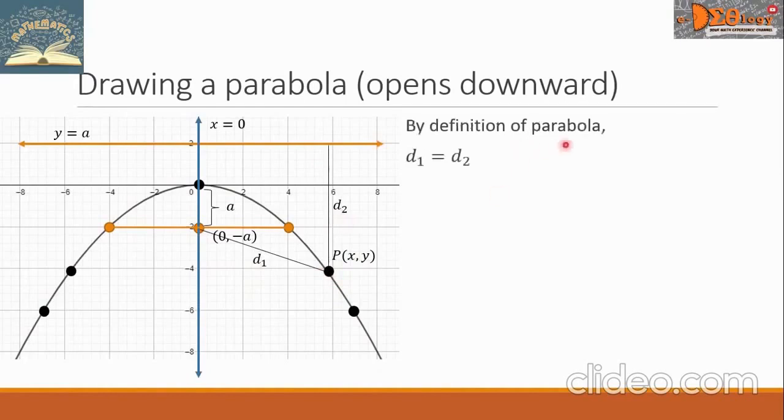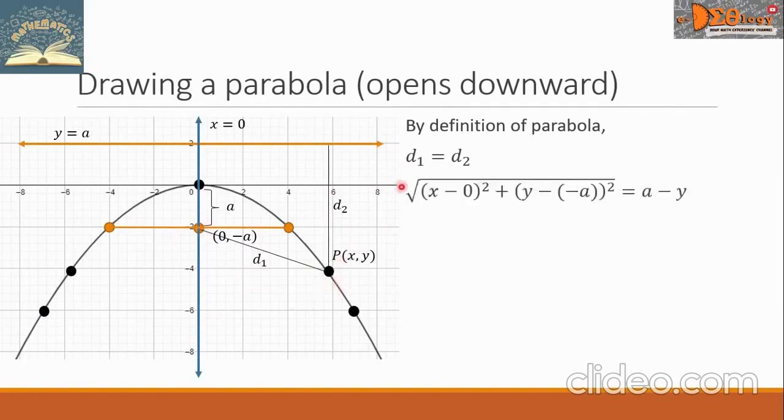By definition of parabola, we say that d sub 1 is equal to d sub 2. Take note that d sub 1 is the distance between 2 points. So we will use the formula for distance between 2 points.